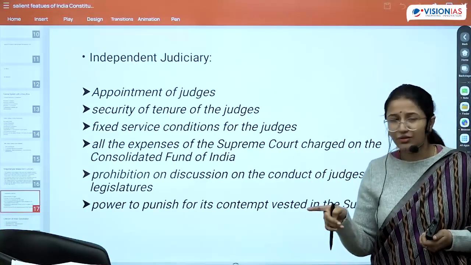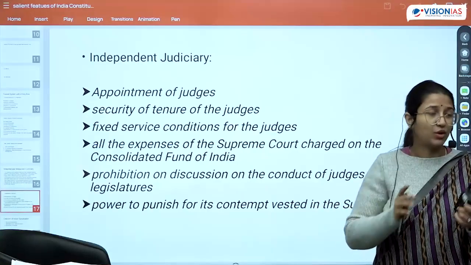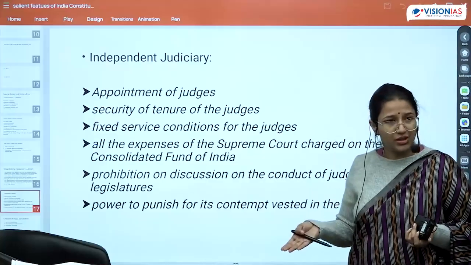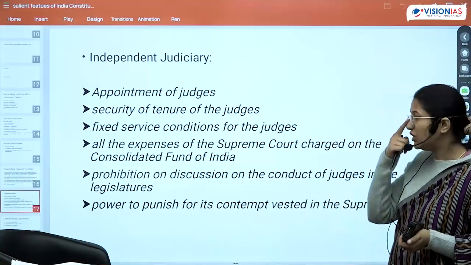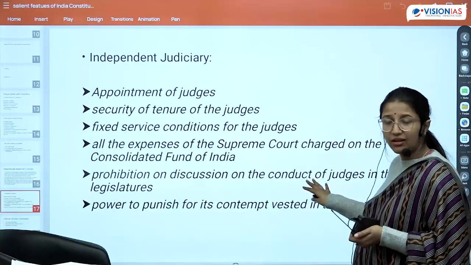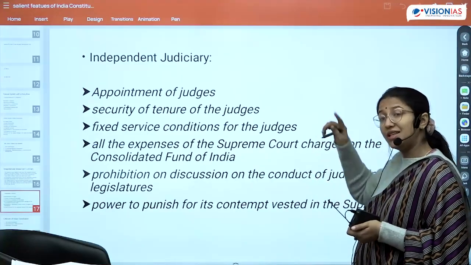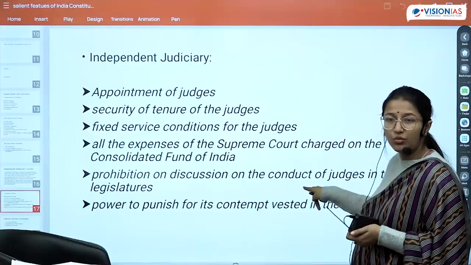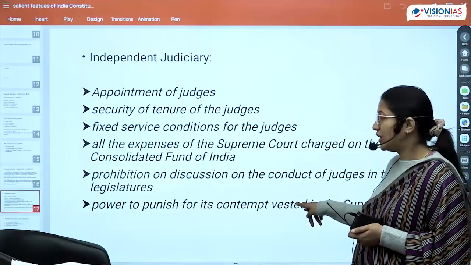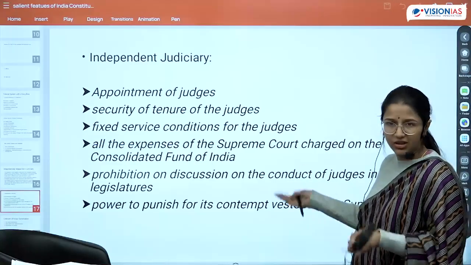Was it fair? Was it reasonable? Was he biased? Does he show inclination towards corruption? All those things can only be discussed in the legislature when a resolution or a motion for the removal is pending before the house. Otherwise you cannot discuss the conduct of the judges.